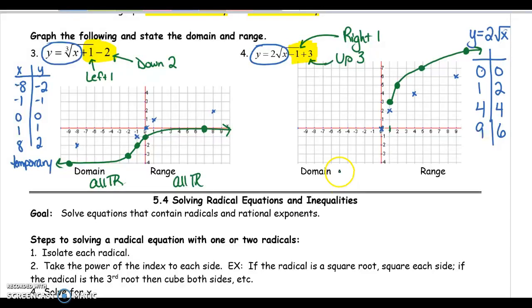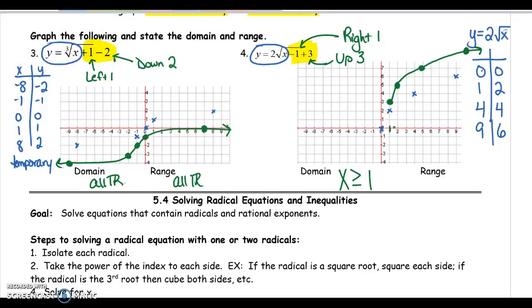So our domain is x is greater than or equal to 1.